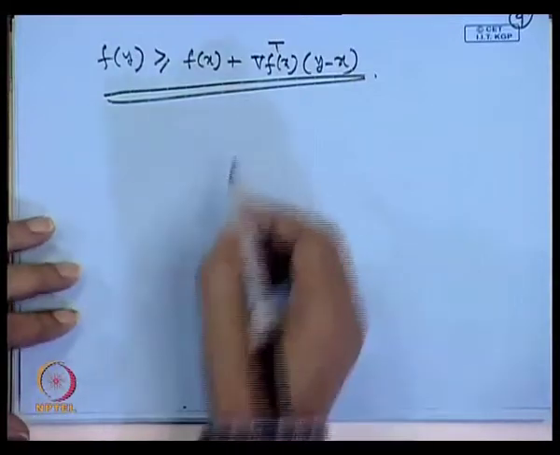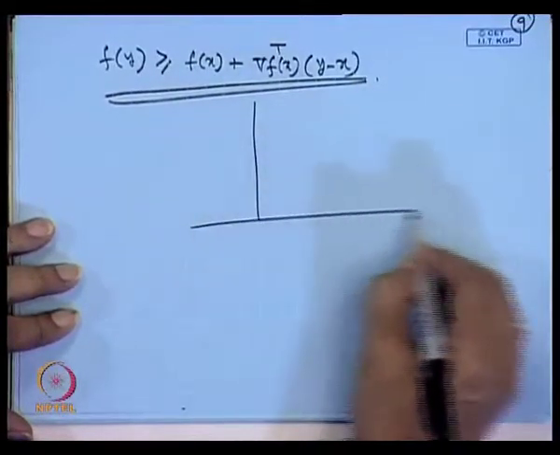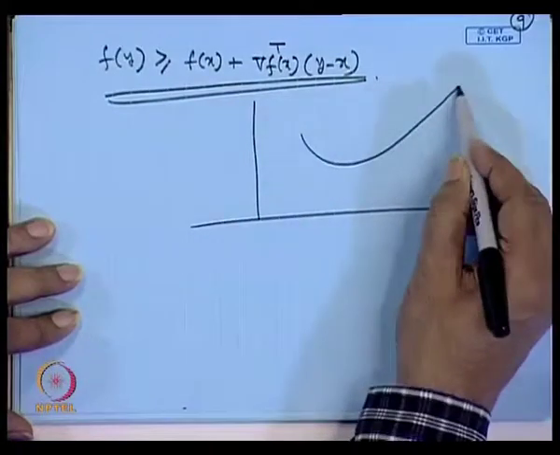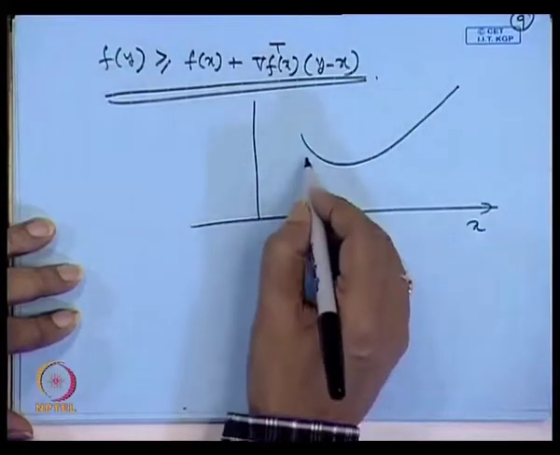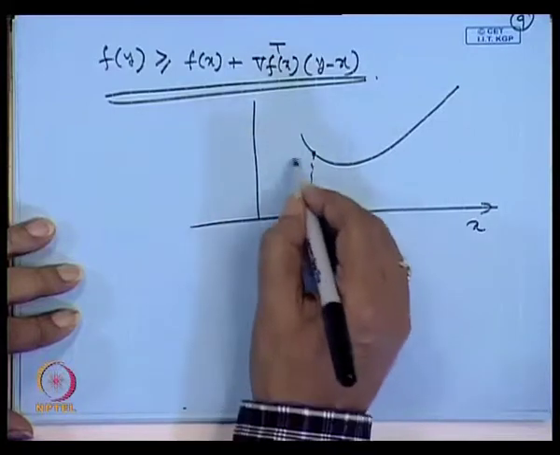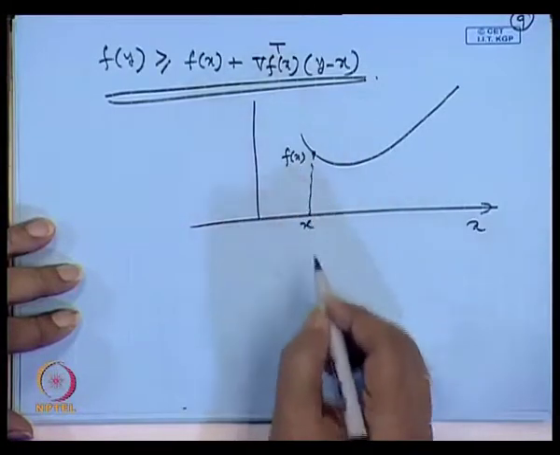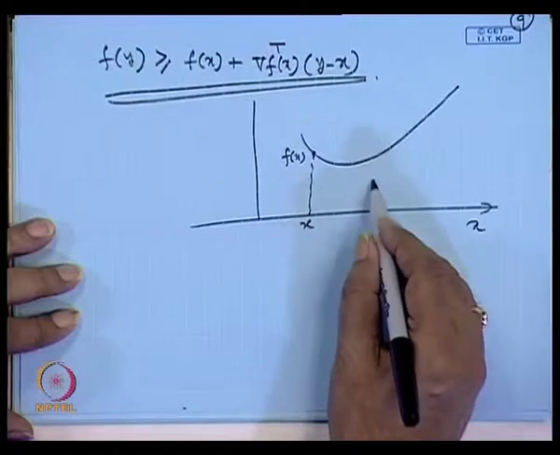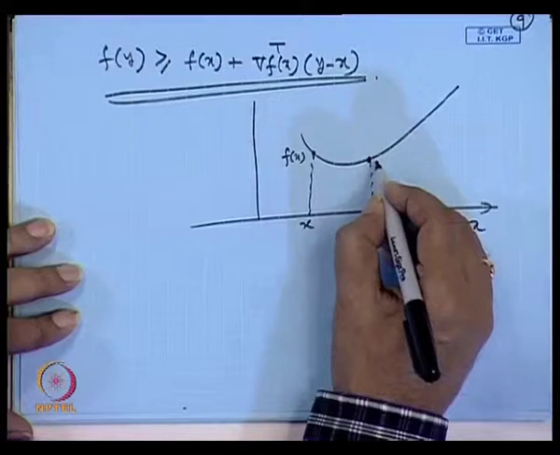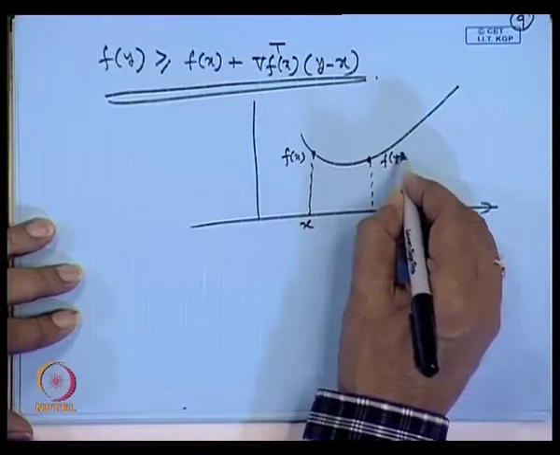So what is this? If you see the scalar variable case x, we have this type of function. This is our f of x, and y is some point here, this is f of y.